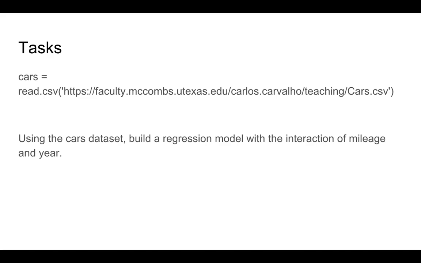Go ahead and build that model. So download the CARS data set. Build a model that has an interaction between mileage and year. After you do that, please look at the residual plot. Oh, yes.